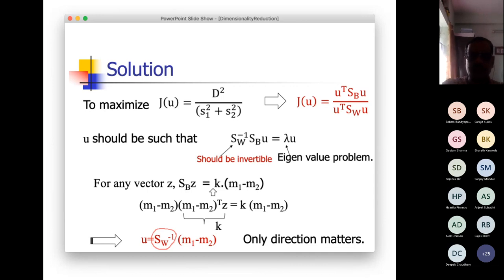So you have to compute that, I should say the scatter matrix. Let us say the scatter matrix of class 1 and the scatter matrix of class 2, then add them. That would give you the within class scatter matrix. And then the inverse has to be computed. And the other thing is that you have to compute the means, then take the difference, and this is how you will get U.